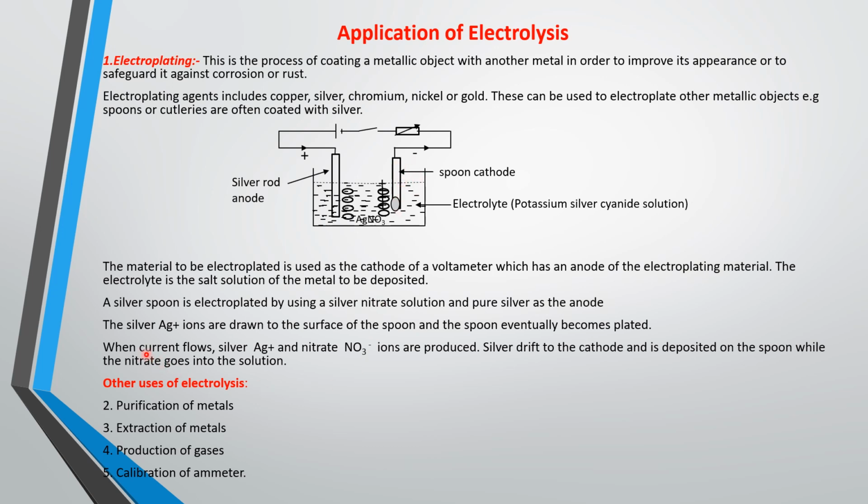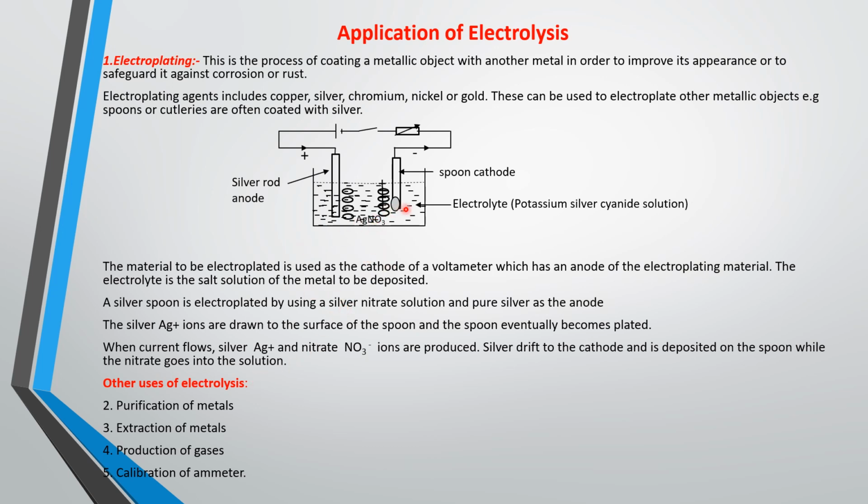The silver ions are drawn to the surface of the spoon, and the spoon eventually becomes plated. Once this setup is complete, when current flows, silver and nitrate ions are produced in solution. The silver will drift to the cathode because it is positively charged, and it is deposited on the spoon while the nitrate goes into solution.